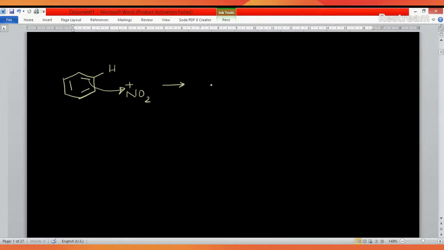So once the nitro group is substituted in that particular position, we can have an intermediate with H and NO2. Due to the loss of electron, this carbon can carry positive charge. And in the other resonance structure, in order to make it neutral, this pi electron is moving towards this side. So we can have one other intermediate as follows.